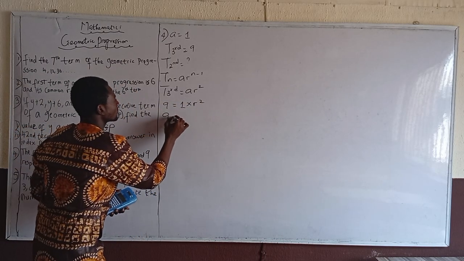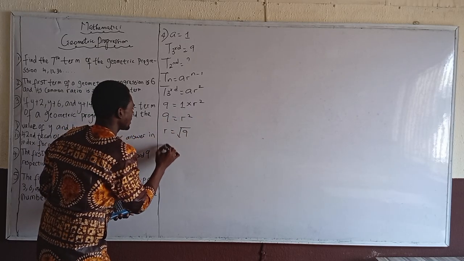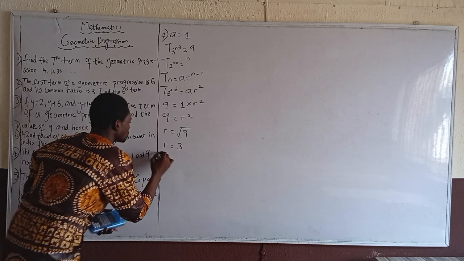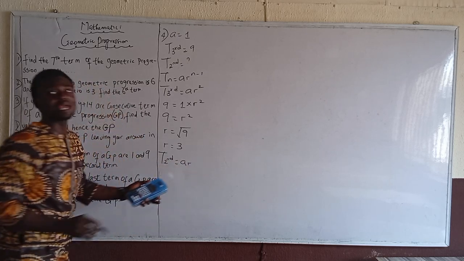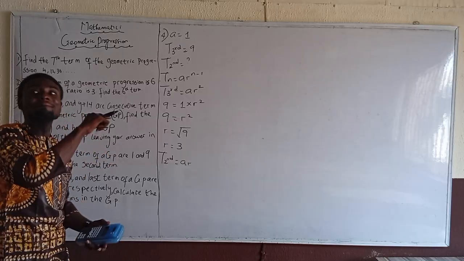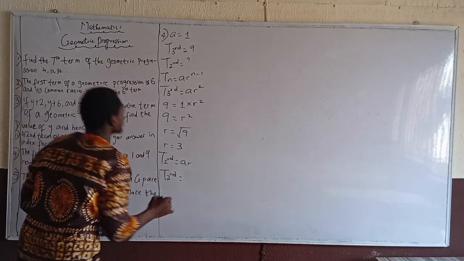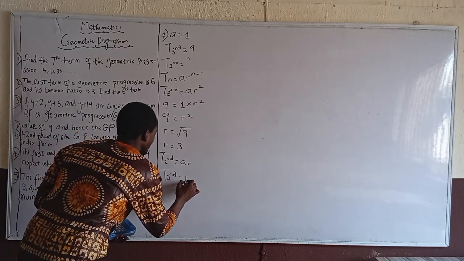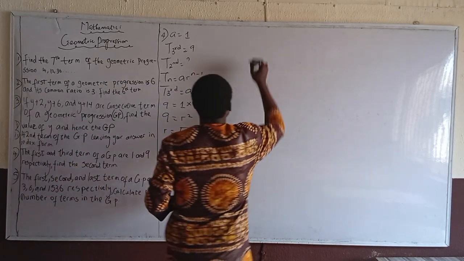So 9 is R squared. My R becomes square root of 9. R becomes 3. So T2 equals AR raised to 2 minus 1. So my T2, because my A is 1, times 3. That is 3.